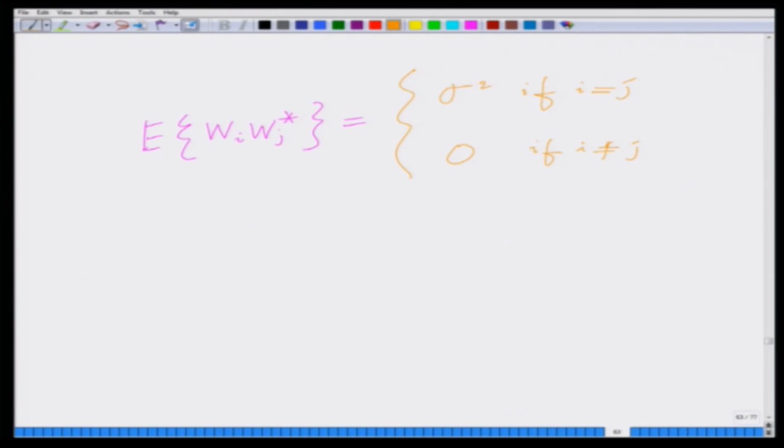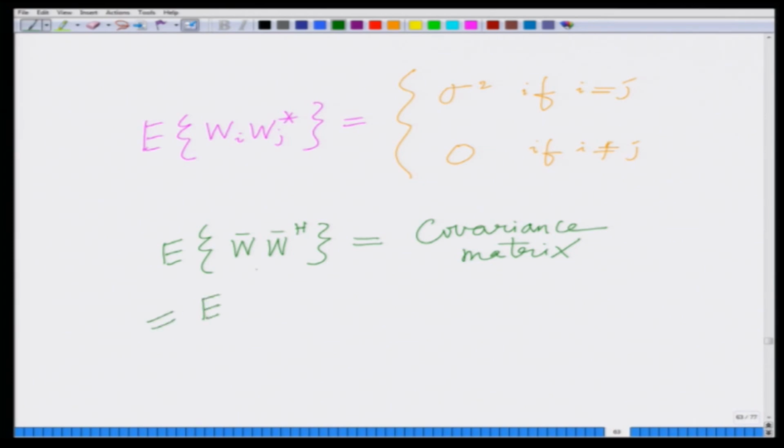And one last thing we would like to do is characterize the covariance matrix of this noise, that is, expected value of W bar, W bar Hermitian, which is termed the covariance matrix of this noise.